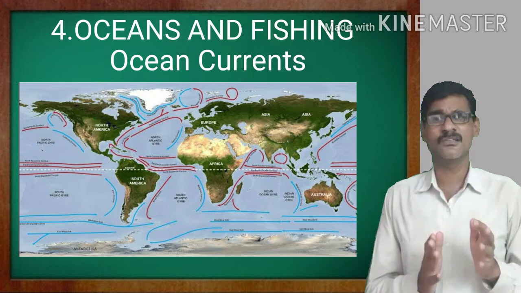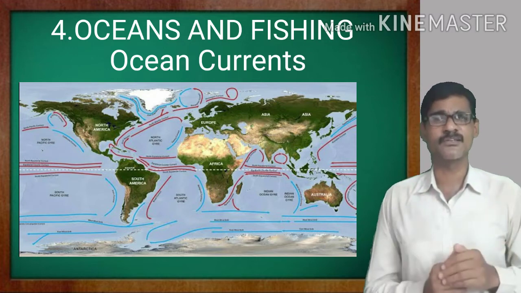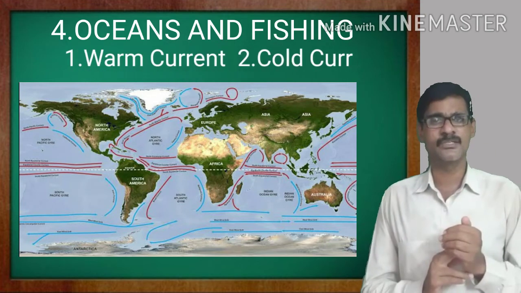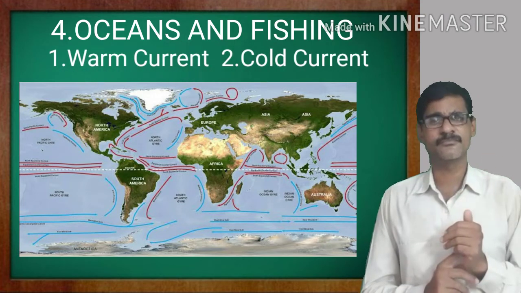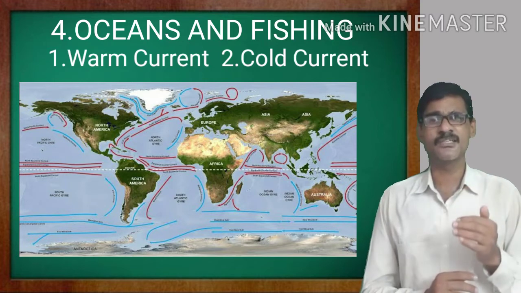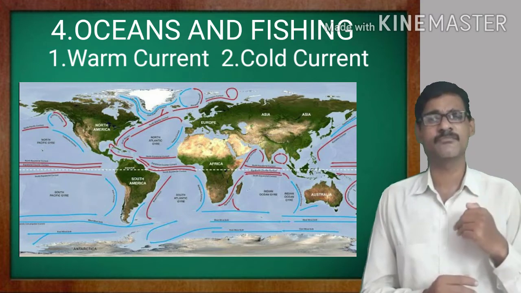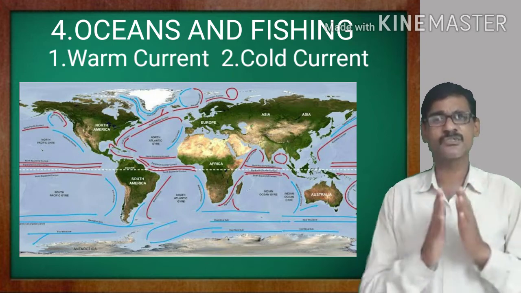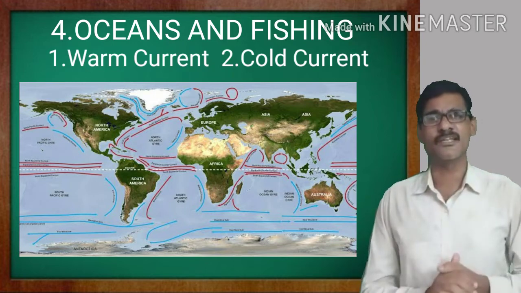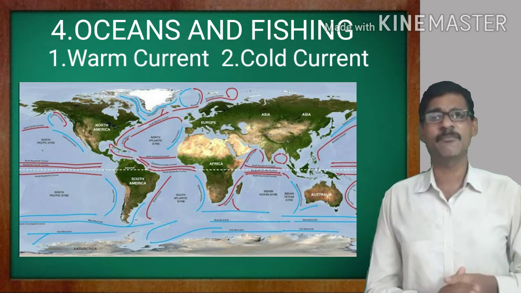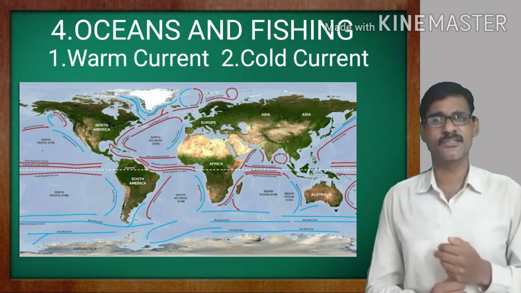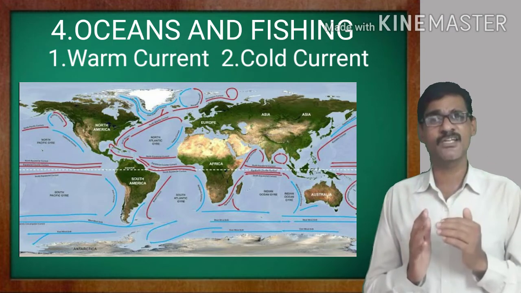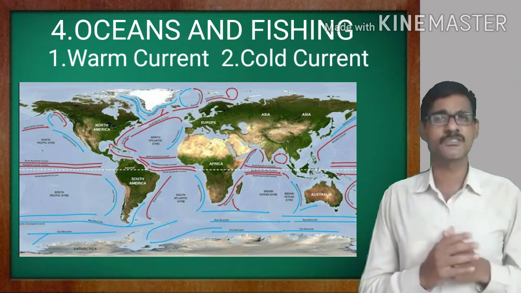These currents are divided into two categories: warm currents and cold currents. Generally, warm currents are warm streams. They move from the equatorial regions to the polar regions. You know, high temperatures are there in the equatorial region. Due to that, this warm water is flowing towards the poles.